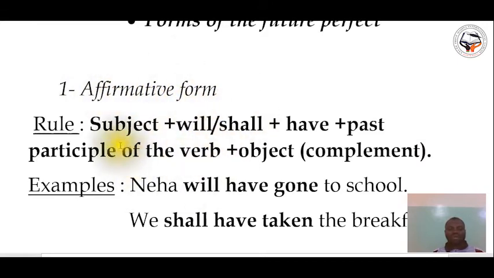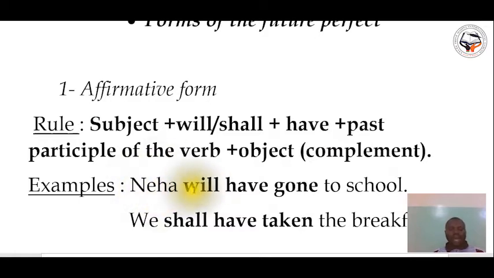The rule of the affirmative form is you take the subject plus will or shall, plus have plus past participle of the verb plus the object or the complement. The object can also be called complement.